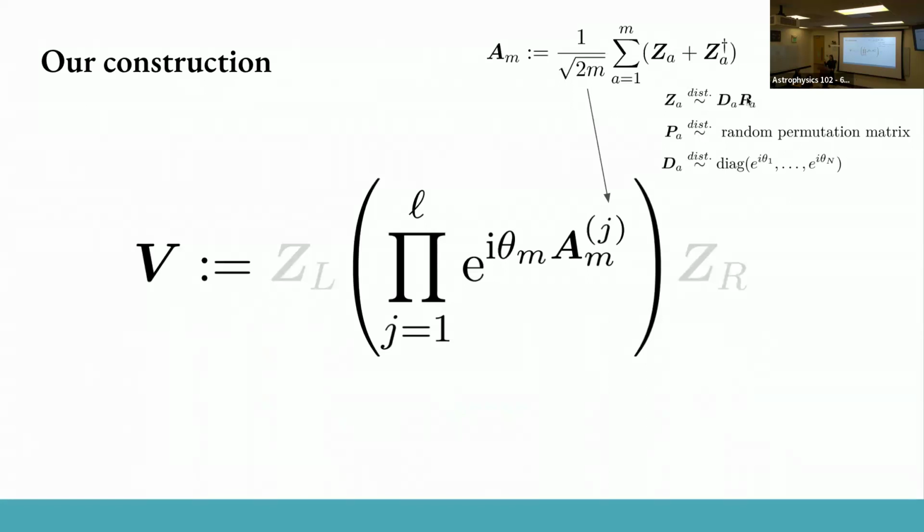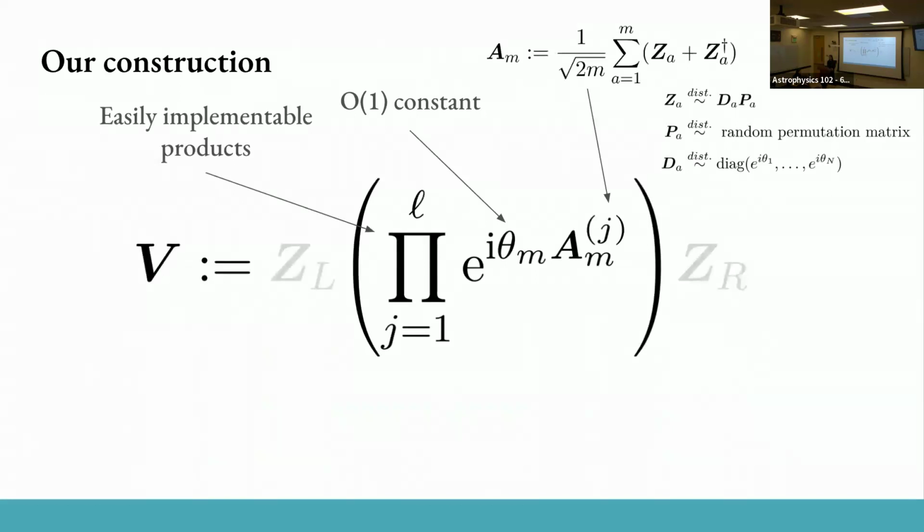So here's the beginning of the permutations that I mentioned earlier. This diagonal matrix is just a random diagonal matrix with random phases. And this P_A is a random permutation matrix. So it's just permuting all of the elements, and it's a sparse matrix. Again, theta is an order 1 constant. You don't have to worry about it.